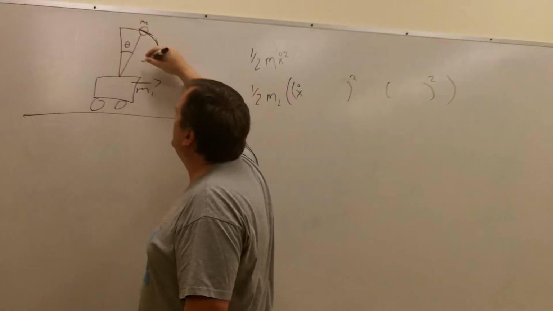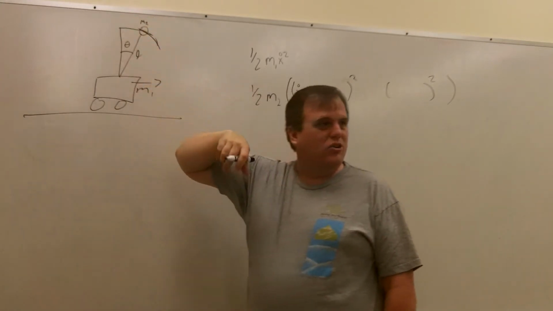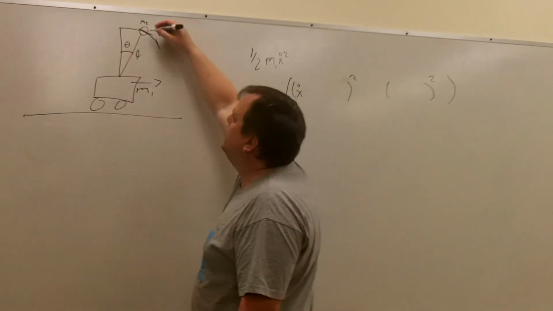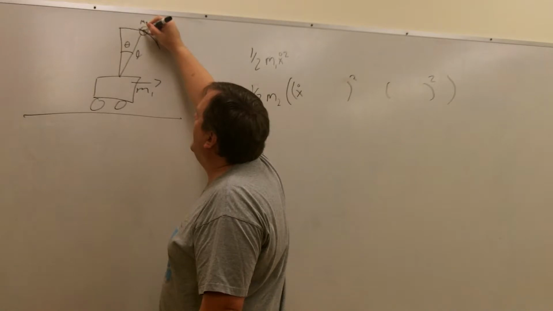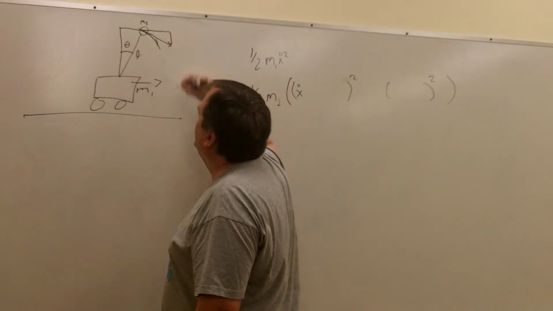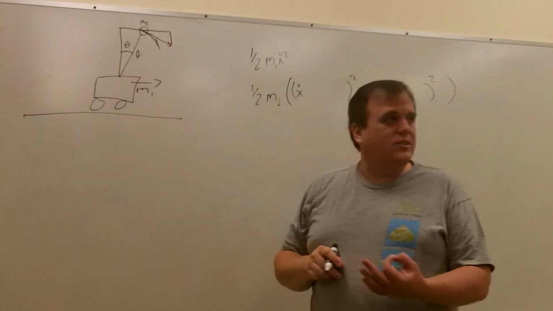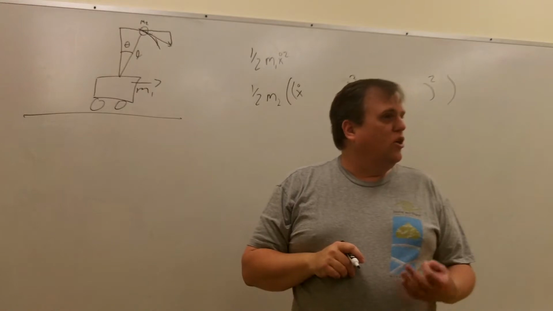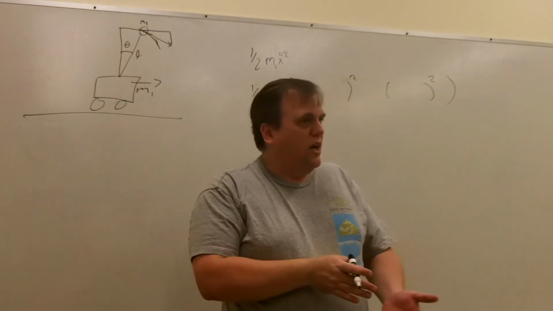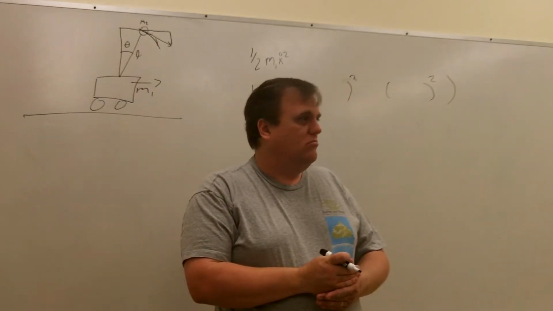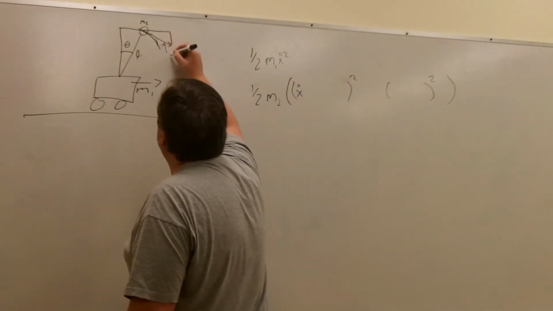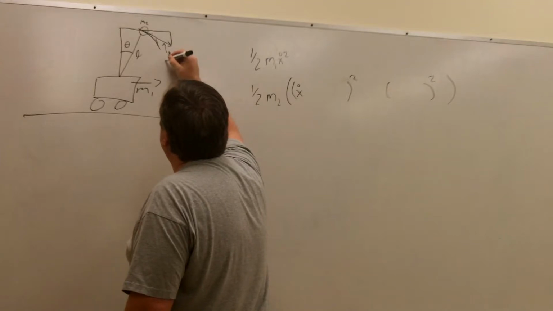If I drew some length L and a circle of that radius, your velocity would be tangential to it. At that particular point, I'll draw it exaggerated, that is the velocity it's got. The magnitude is proportional to theta dot times L, isn't it? We agree? So we know this is theta dot times L.